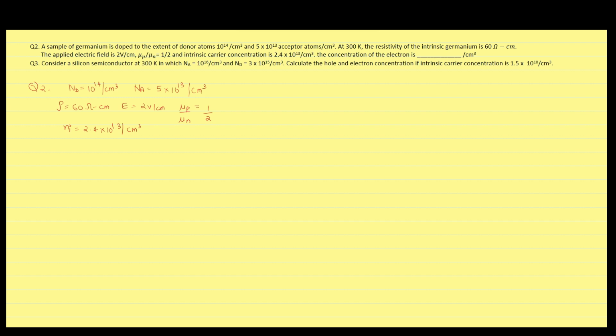You know that for a compensated semiconductor, the concentration of free electron is provided by the formula. Now you simply have to put the values.